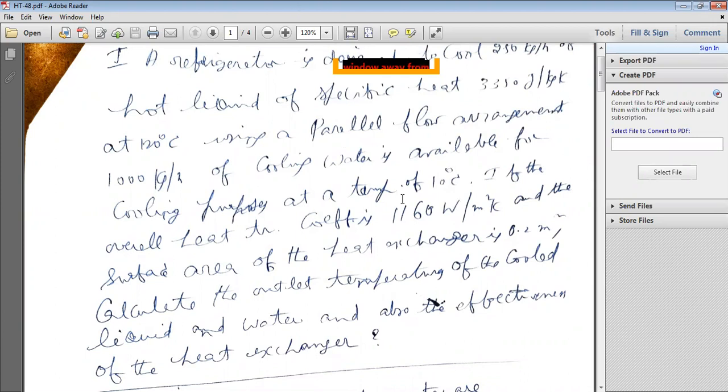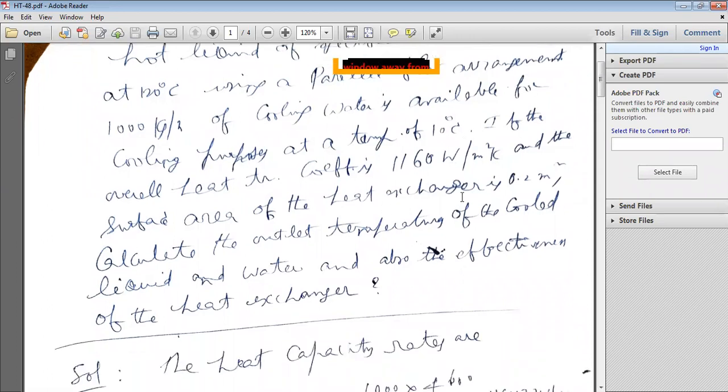If the overall heat transfer coefficient U is 1160 watt per meter square Kelvin, and the surface area of the heat exchanger is 0.2 meter square.